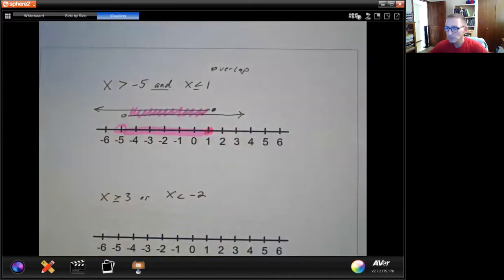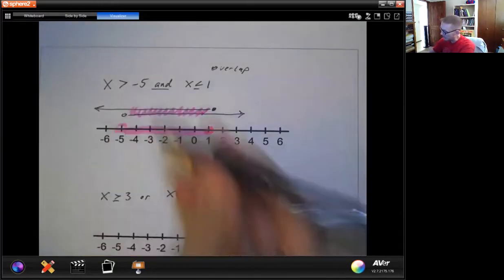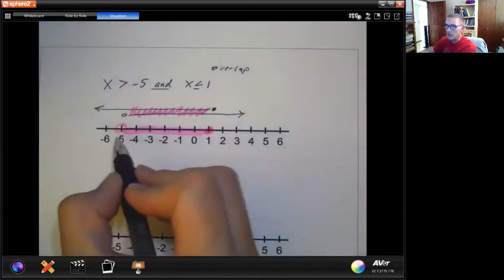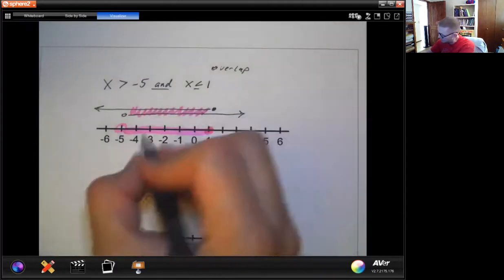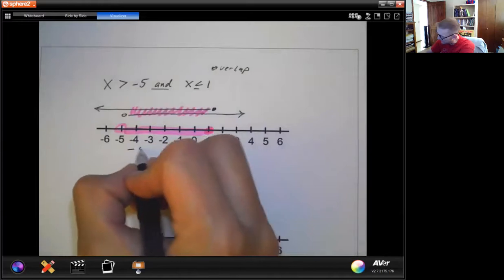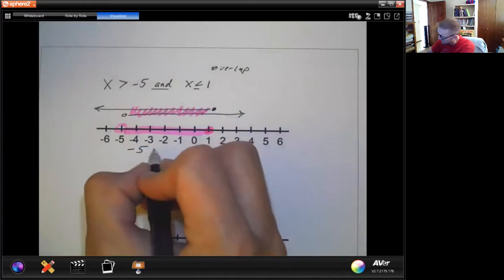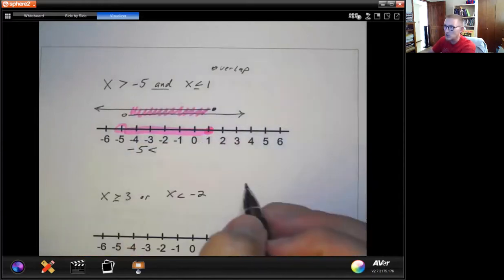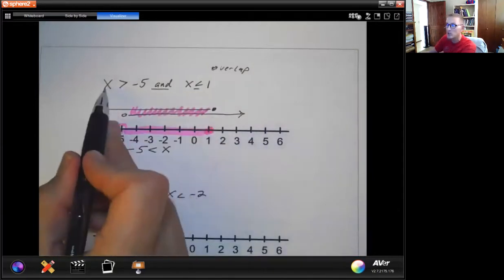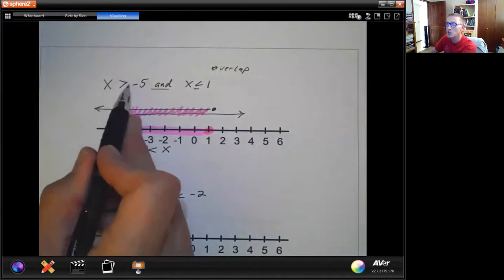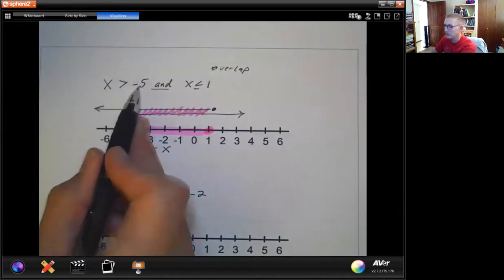Now, I mentioned before that an and can also be written as a fully compressed answer. So instead of writing the word and, and the nice part is the picture at the end will actually show me, this could have been written as -5, and then I'm going to use this inequality symbol and the letter x, because if we go back to the original, x was larger than -5.